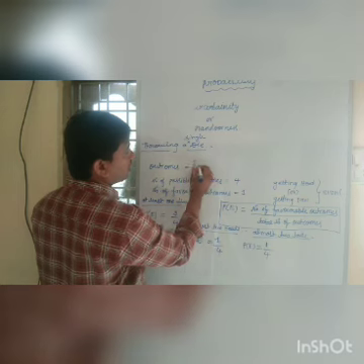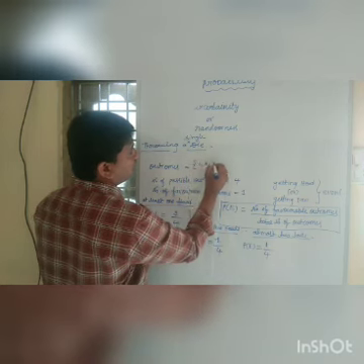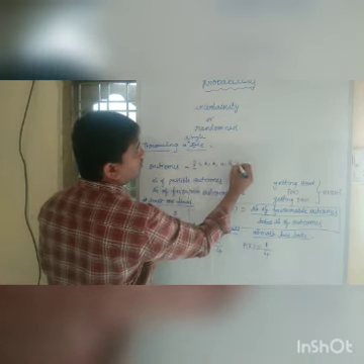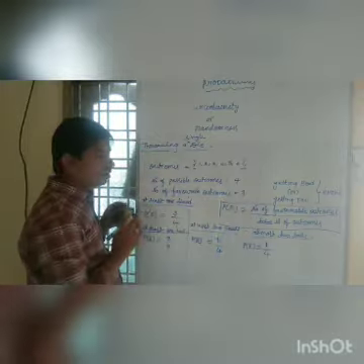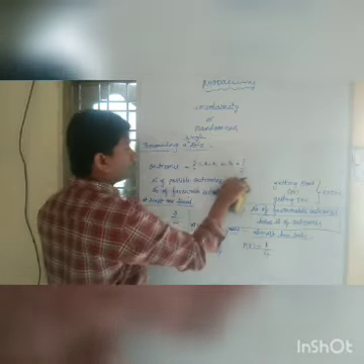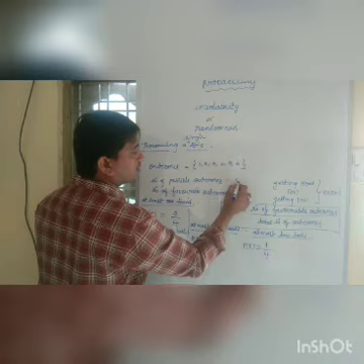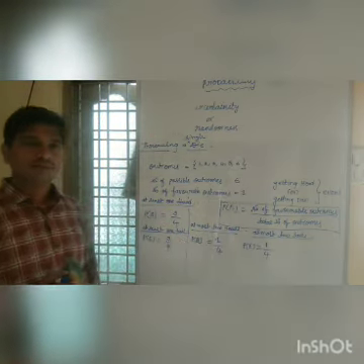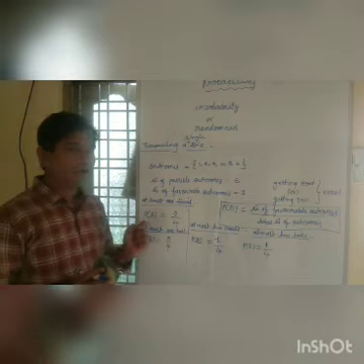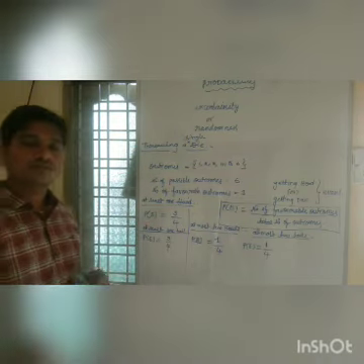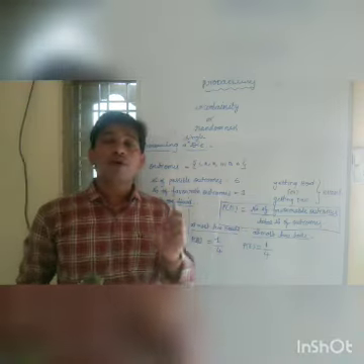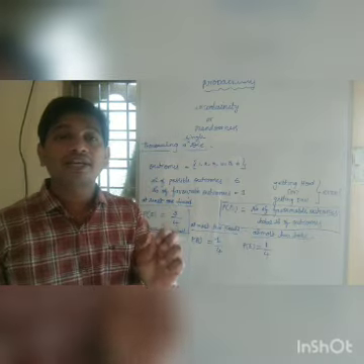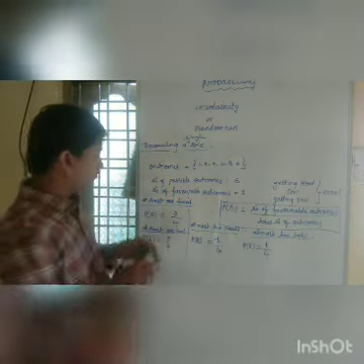The possible outcomes are 1, 2, 3, 4, 5, 6. So number of all possible outcomes are 6 when we throw a single die. Now our event is, when we throw a single die, what is the probability of getting number 5?